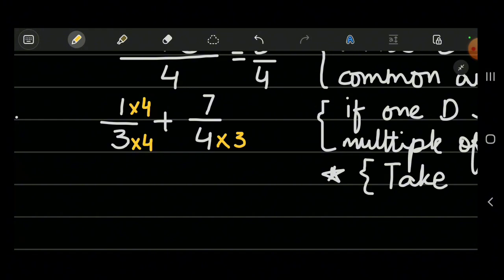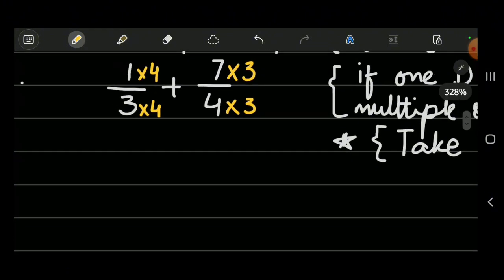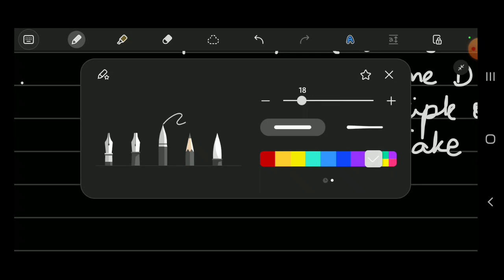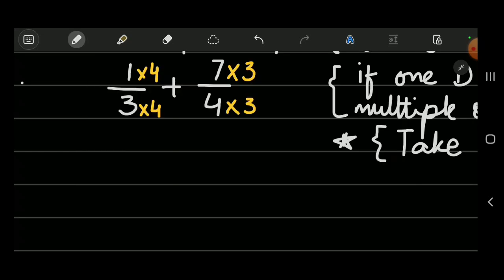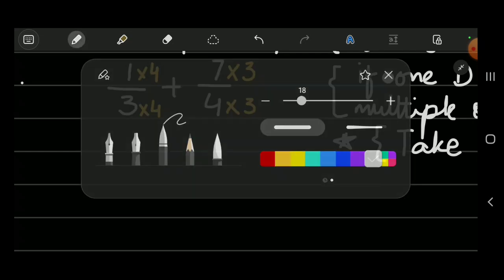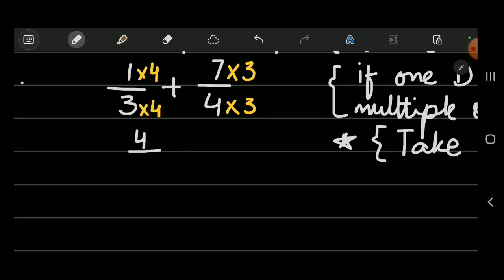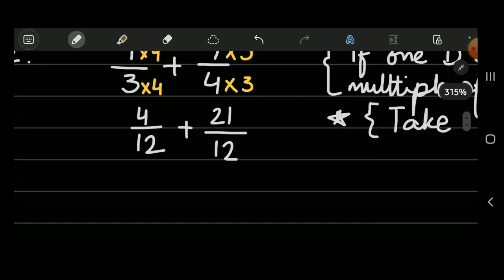And in the same way we have to multiply the numerators with the same number respectively. Now we will get 4/12 plus 21/12. Now if you have a common denominator, write the common denominator once and add the numerators.